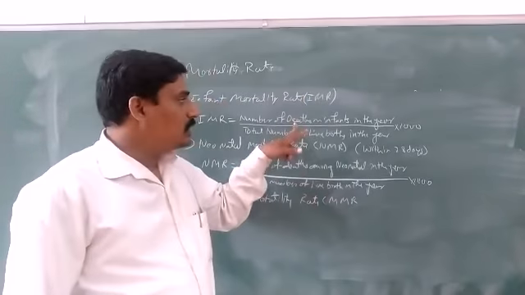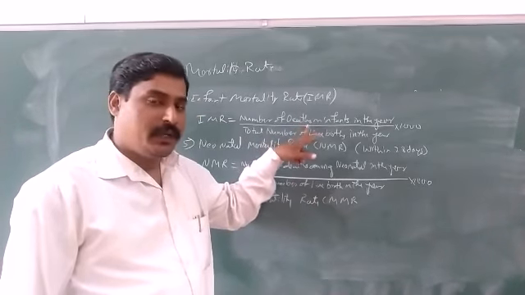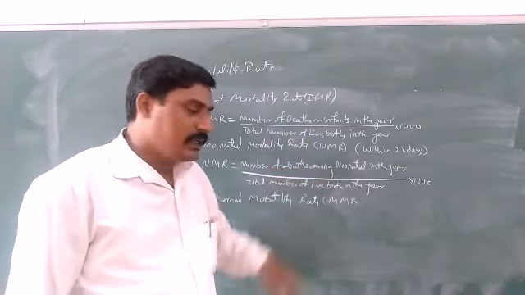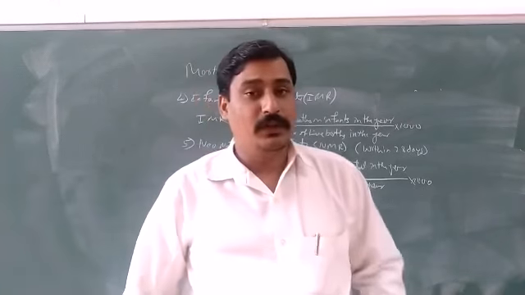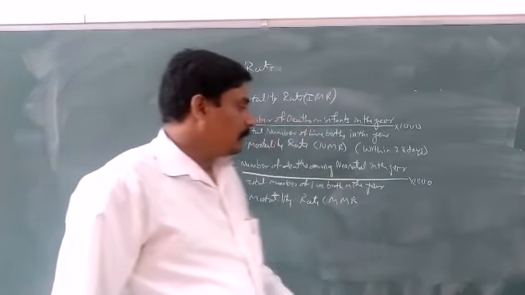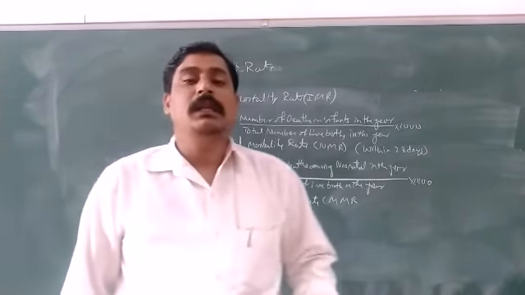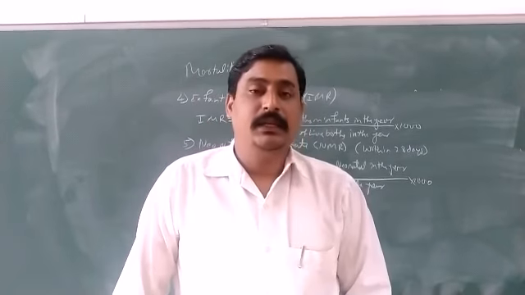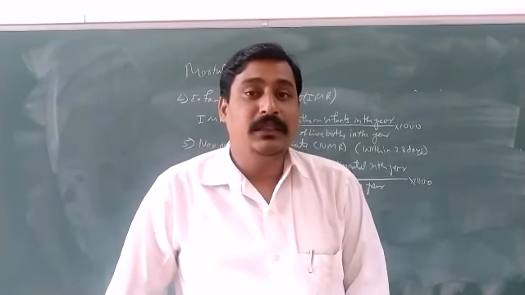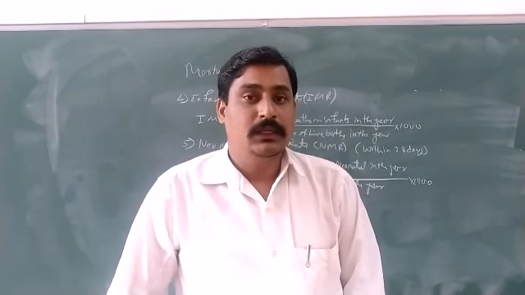So IMR considers the death of babies within 1 year, NMR considers the death of babies within 4 weeks or 28 days, whereas MMR, the maternal mortality rate, takes into account the death of mothers.